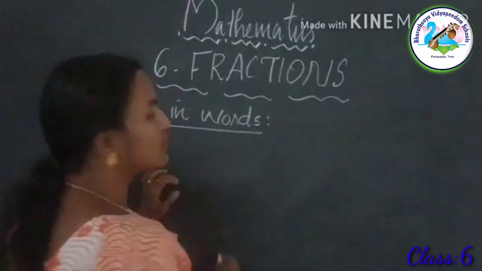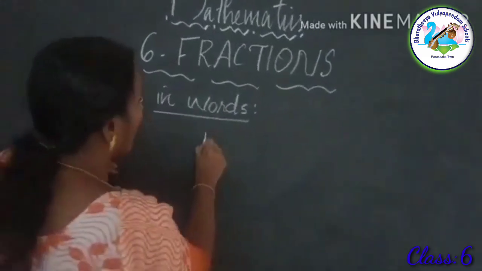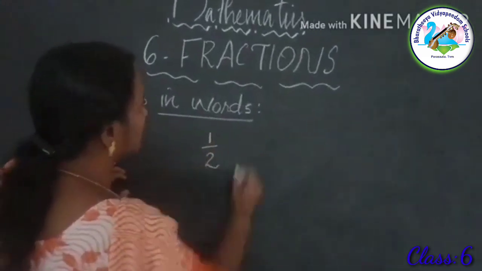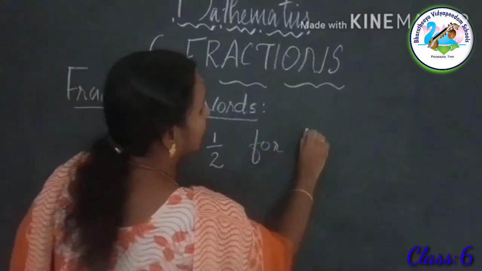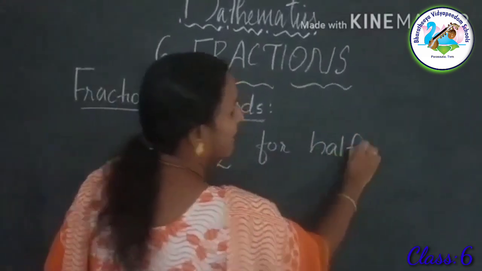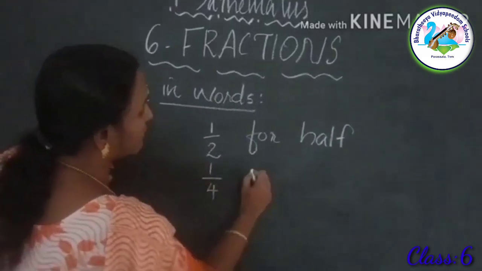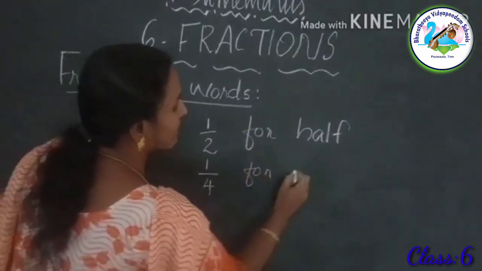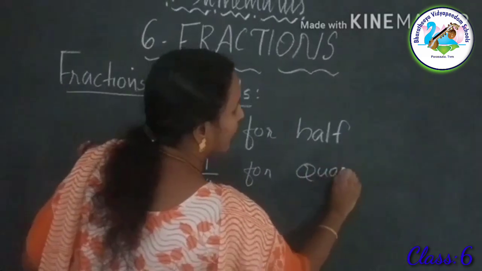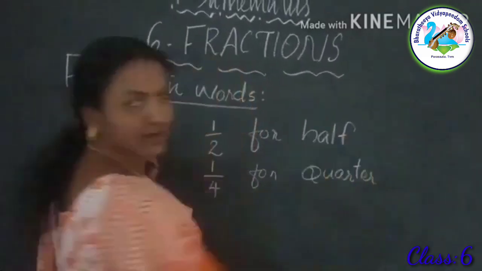In common use, we write 1 by 2 for half, H-A-L-F. Then 1 by 4 means quarter, Q-U-A-R-T-E-R.